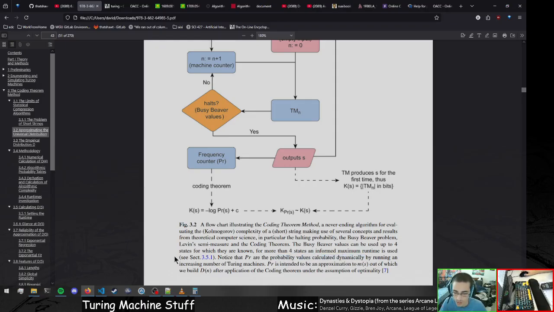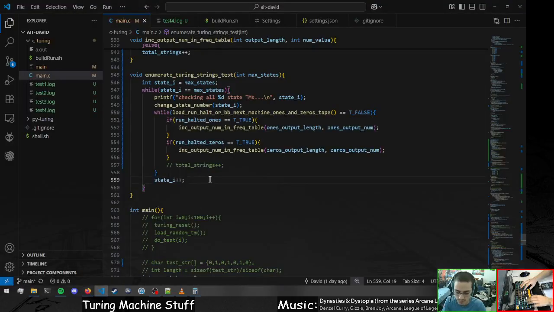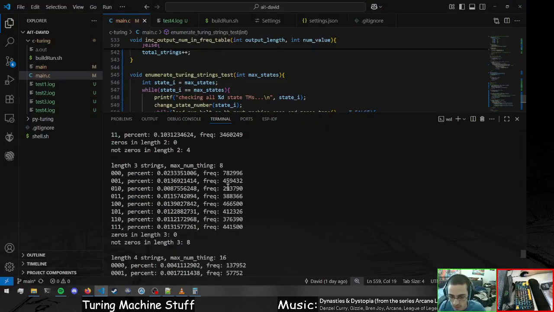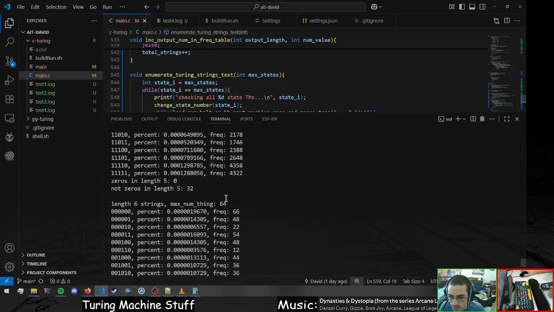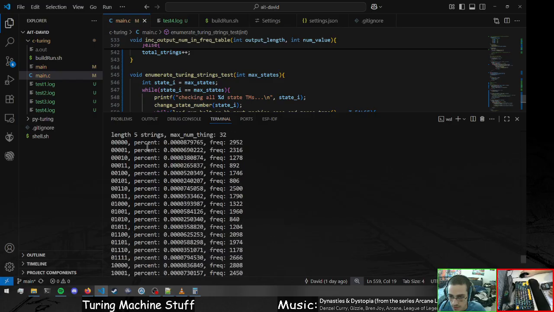Okay, let's get the probability of this string, I guess. Let's plug this into my calculator. So I'll put 0.1234879.